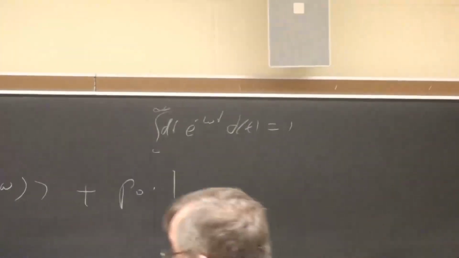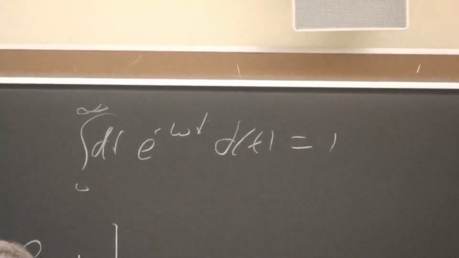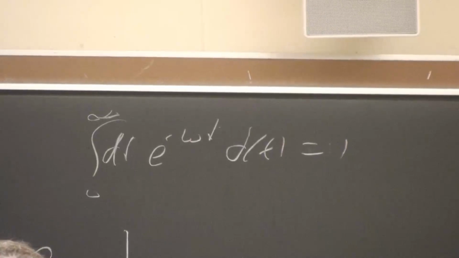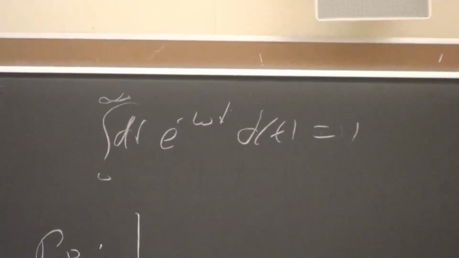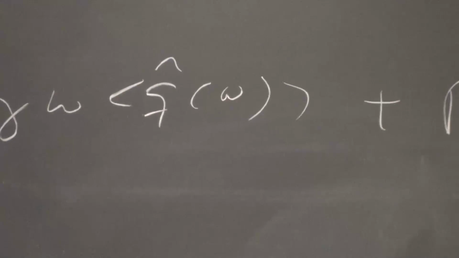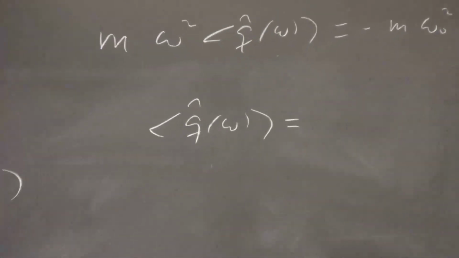Okay, so now we bring everything to the left-hand side, and then we have on the left-hand side a factor Q of omega, and everything else. So if this is Q of omega, this Q of omega, this Q of omega, we write the factor that is there.